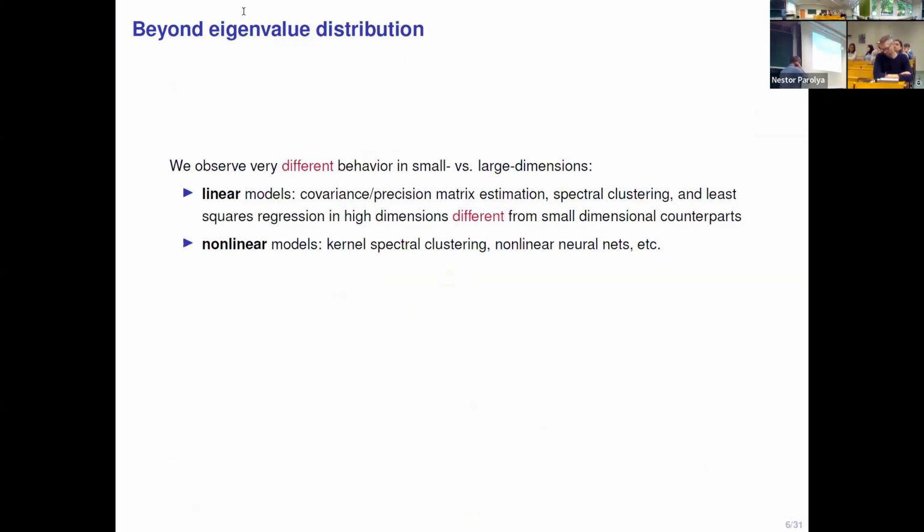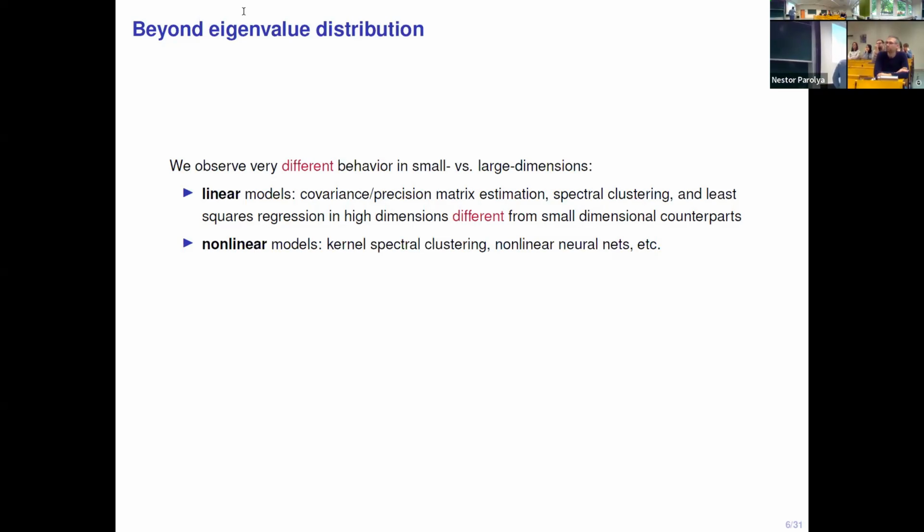But in many applications, you don't only need to know what the eigenvalues are doing, you also need to know what the eigenvectors are doing together with them, and the behavior is different in small and large dimensions. What we observe is that our intuition is no longer in line with what is in nature, in real life. In high-dimensional problems, your sample estimator is not reliable, so you should always, or mostly, do something else.